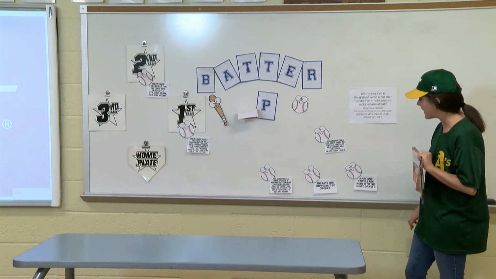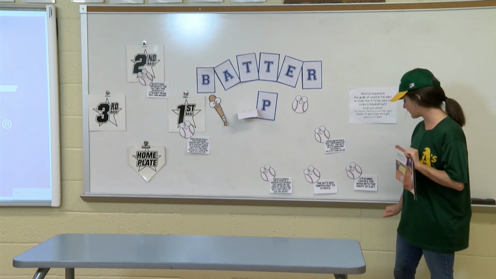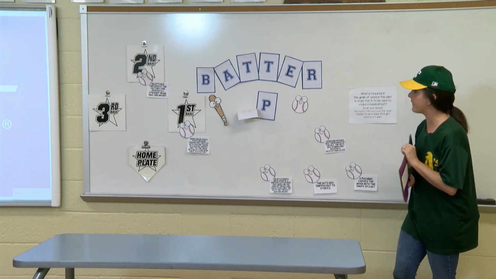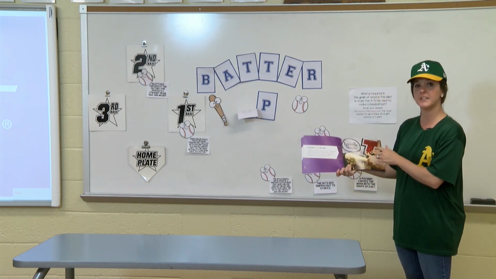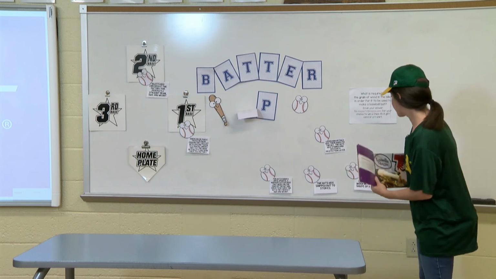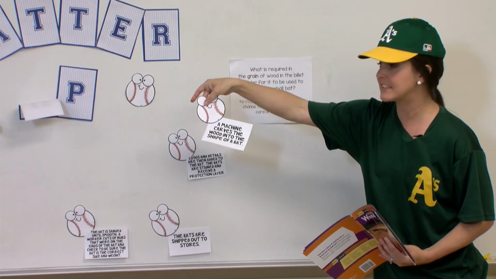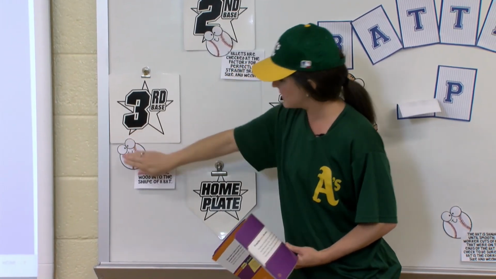Logos and details are then added to the bat. Bats are shipped out to stores, or a machine carves the wood into the shape of a bat. Well, what did it do? It carved it into the shape of a bat. So this would be the 3rd step in the process. So we're going to take it over here to 3rd. Does everybody see that?